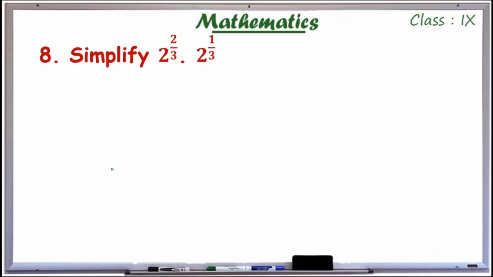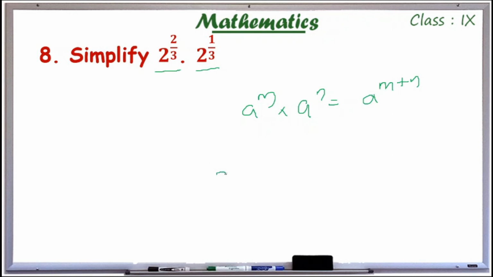Now we have to simplify 2 raised to 2 by 3 into 2 raised to 1 by 3. It is of the form a raised to m into a raised to n, which is equal to a raised to m plus n.